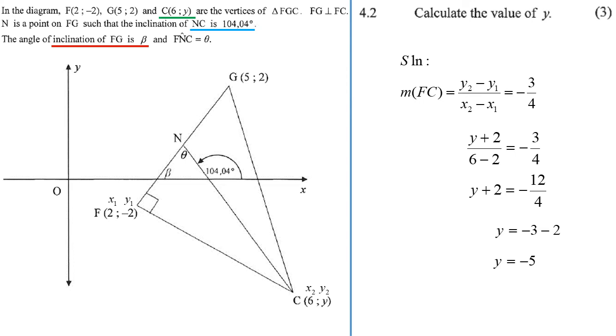Now, how do we mark it? You'll get a mark for equating the two. In simple terms, you are getting a mark for writing the gradient of FC to be the reciprocal with the opposite sign. Then from there you substitute.